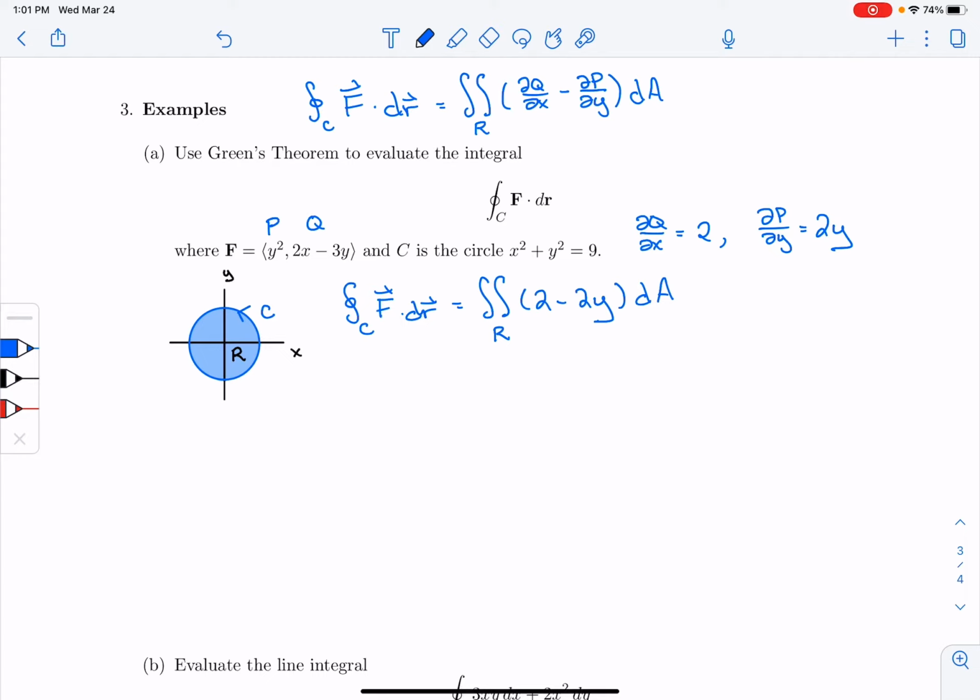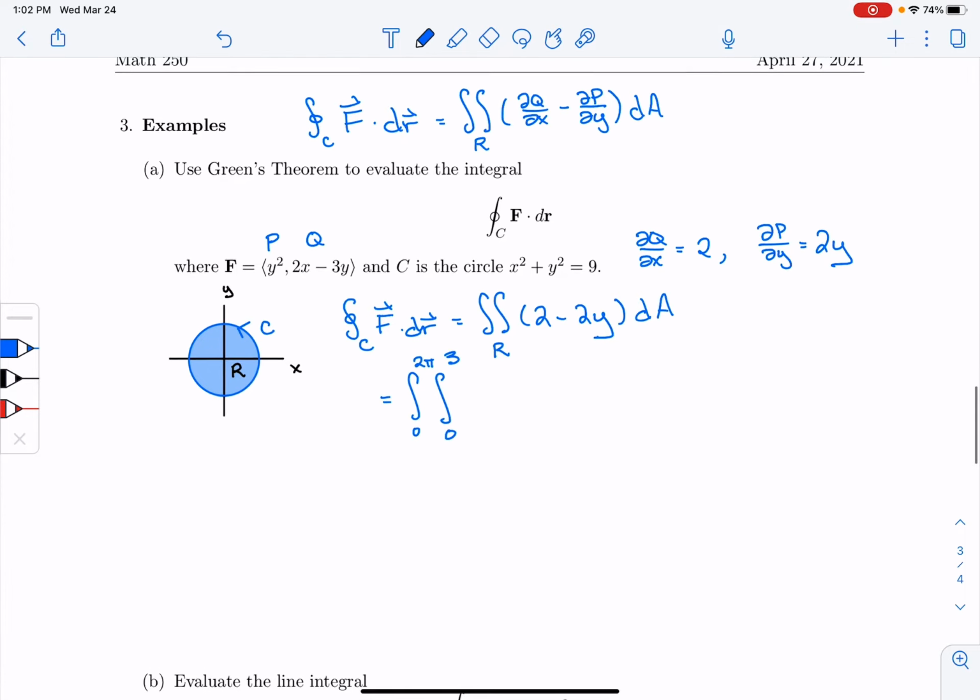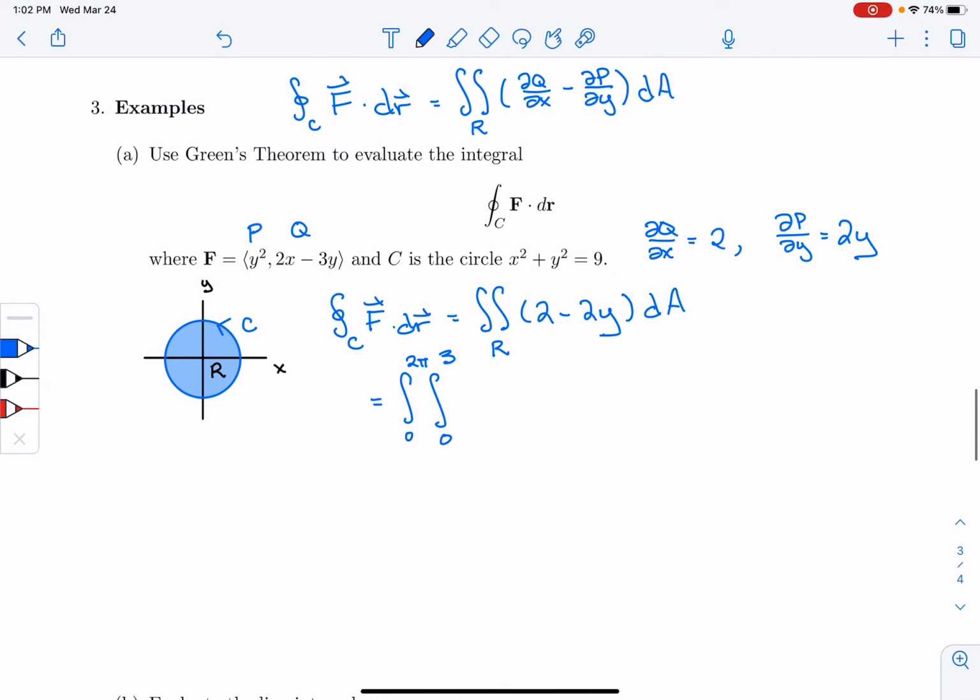Now I want to integrate over a circular region, so the most natural thing to do here is to convert this to polar coordinates. So here I want to integrate from 0 to 2 pi in theta, and then I'm going to integrate from 0 to 3 in r. That circular region is much better described using polar coordinates.